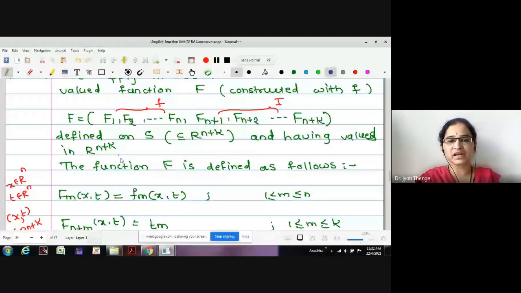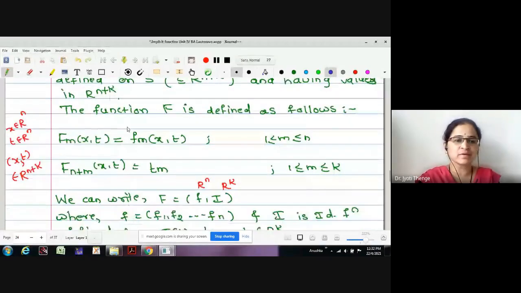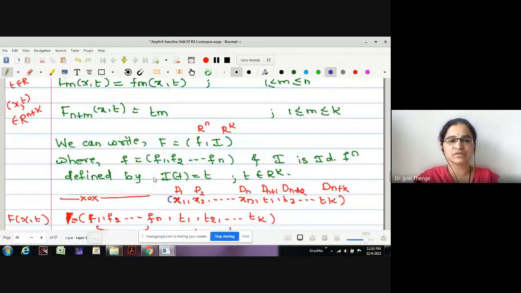This capital F is defined as follows: the first n coordinate functions are taken as the coordinate functions of the small f function, so F_m(x, t) is small f_m(x, t) for the first n variables, and for the remaining k variables, F_(n+m) is defined to be t_m. If I write this, the nature of the function is of this type.